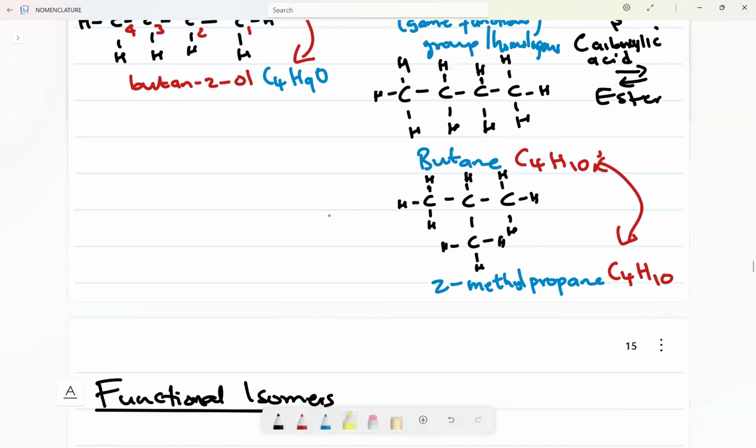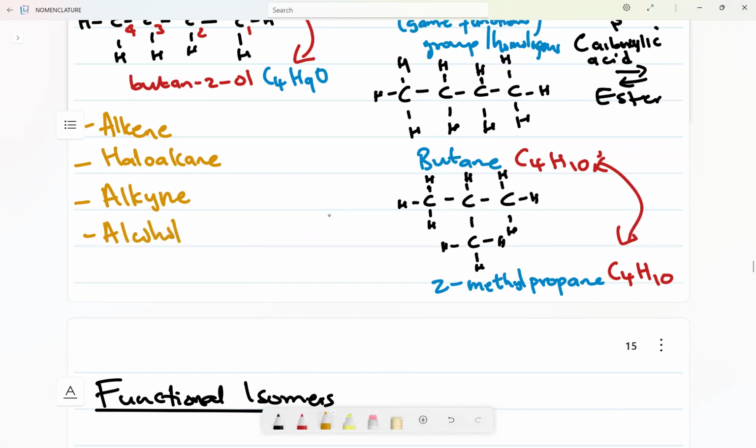Okay, let me write them down here. This one occurs on alkene, haloalkane, alkyne, alcohol, as well as what? Let me see. Okay. Then this one occurs between what?